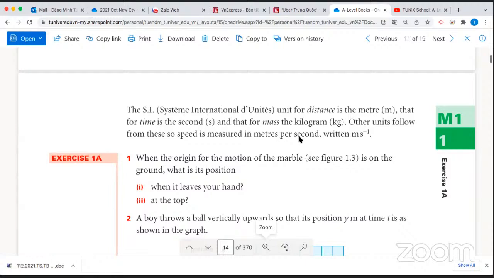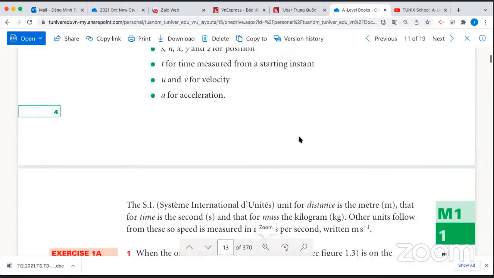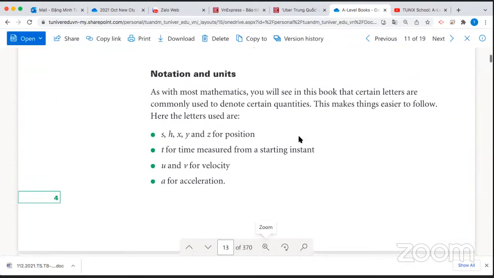But you can tell me 5. The distance is 5. It does mean nothing. So you should include the 5 centimeter, the 5 meter, or the 5 kilometer, right? And also the mass also, the kilogram or gram or ton or something like that, right? Remember this one.